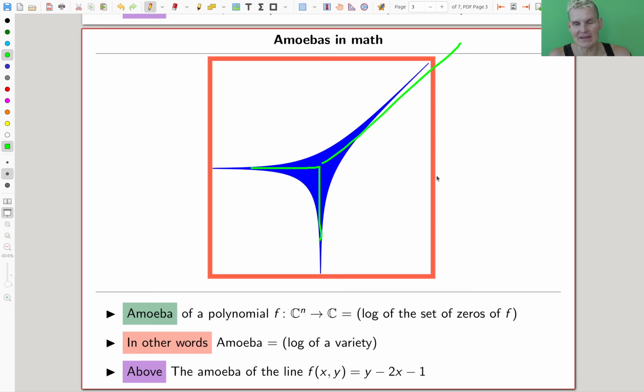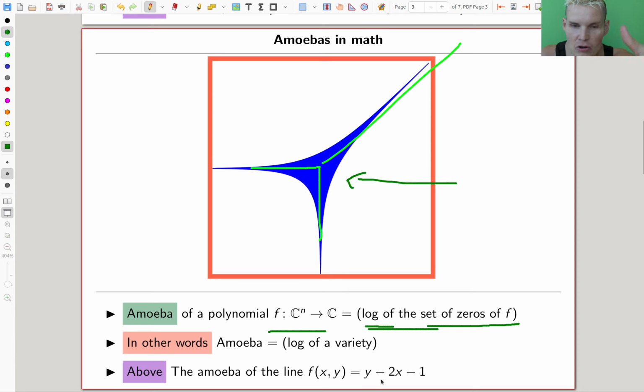And what people studied in complex geometry, mostly complex analysis, is you take a complex polynomial. Of course, I'm only doing real plots, but anyway, the set of zeros of a complex polynomial is a variety, right? And you take the log of that set, and that's the thing you see here.